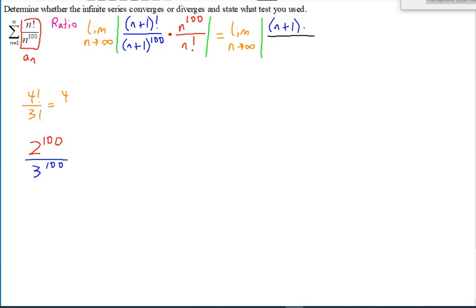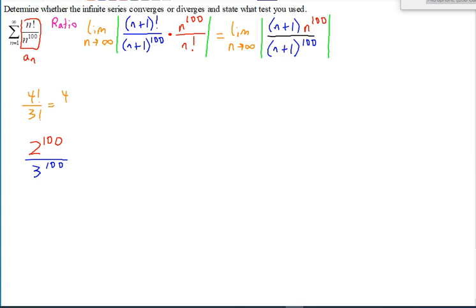So we'll have n to the 100th, n plus 1 to the 100th. But then notice what we do have here, n plus 1 and n plus 1 to the 100th, they have the same base, so you can reduce out one of those.